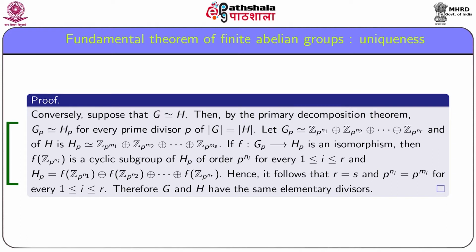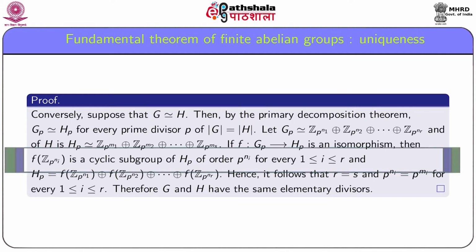Since Gp and Hp are isomorphic, assume that f from Gp to Hp is an isomorphism. Then it follows that since f is an isomorphism, the image of a cyclic subgroup under f is also cyclic.